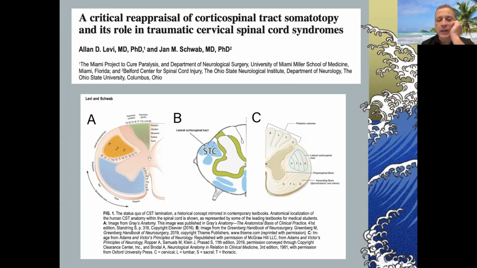The gist of the paper is, and you'd have to read the paper to really understand the reasons behind it, and we don't have enough time to go into the details, but it basically says that these pictures from Gray's Anatomy, Greenberg, and from Adams and Victor, which is the principal neurology text, are incorrect. There is no somatotopic organization in the corticospinal tract, even though there is for the spinothalamic tract and the dorsal columns.